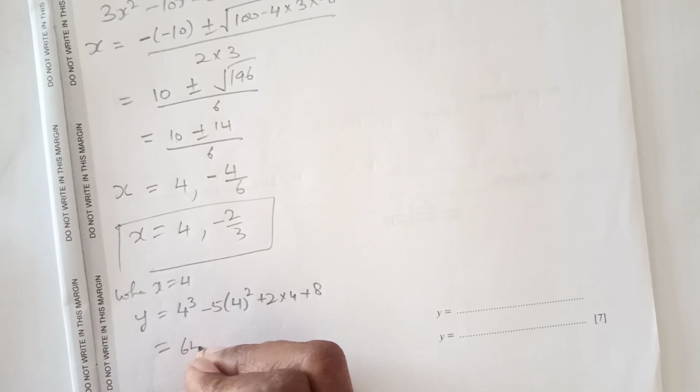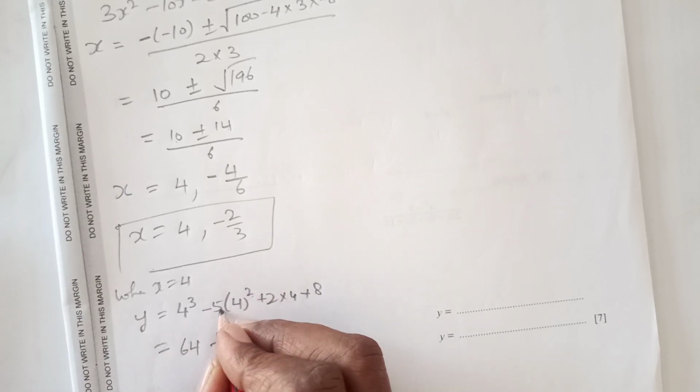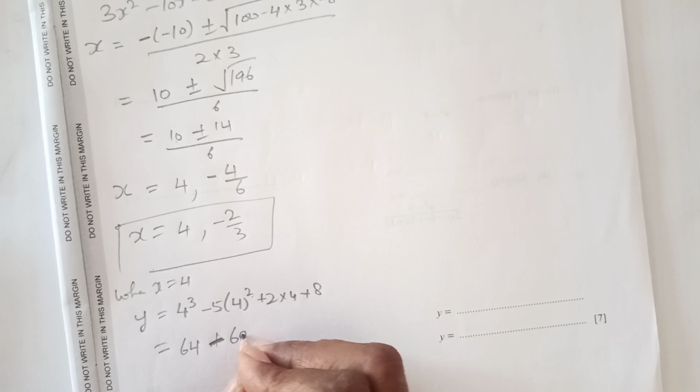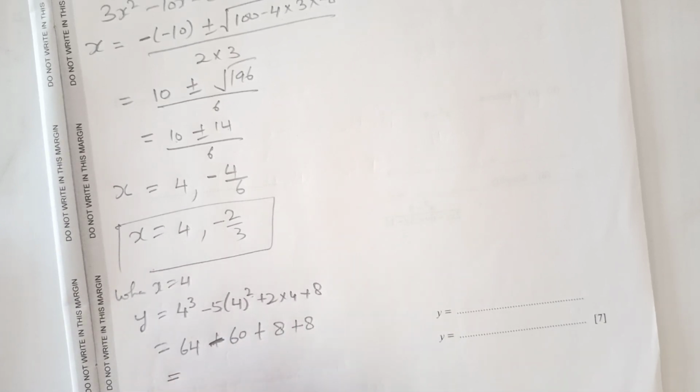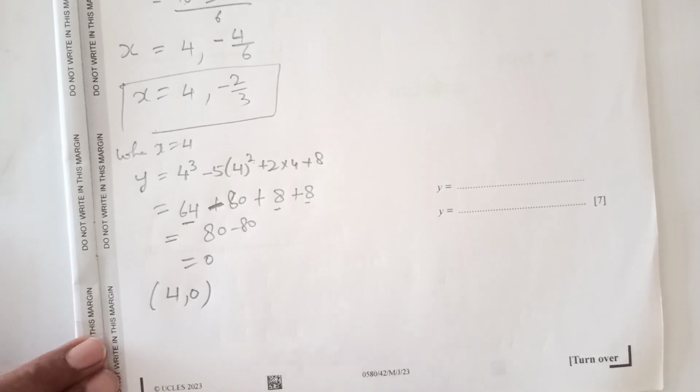So this is 64 minus 4 squared is 16, times 5 is 80, plus 8 plus 8. 64 plus 8 is 72, plus 8, 80, minus 80, that is 0. So we got a point 4 and 0. One point is 4 and 0.